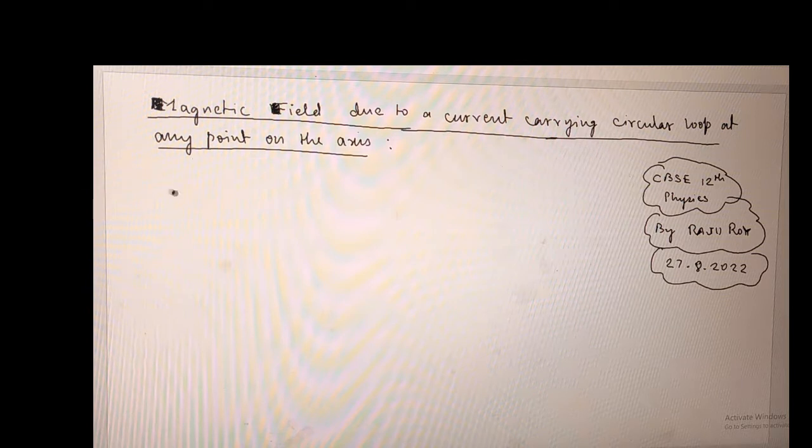The Biot-Savart law is like this. This law says B is equal to mu 0 by 4 pi, I dl cross unit vector r, divided by r square. This is the vector form.